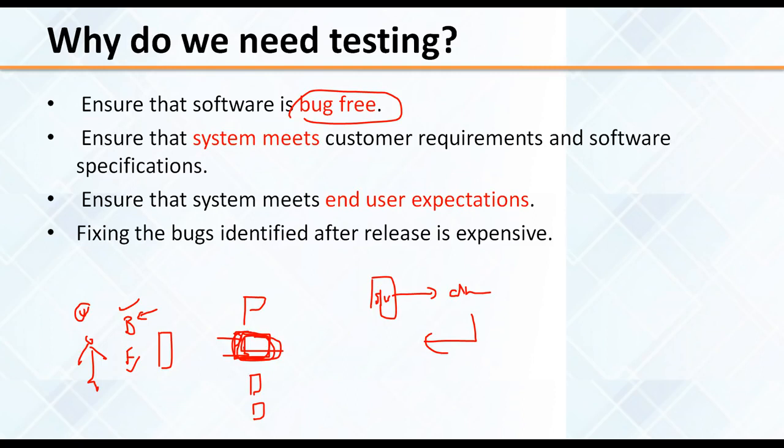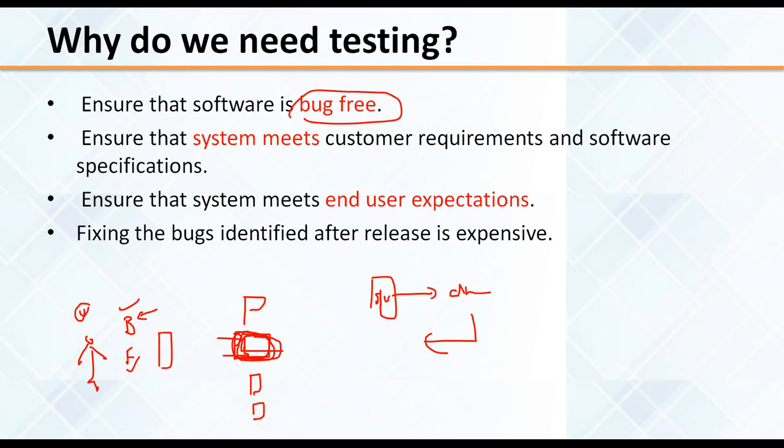Whatever the customer has asked and expected, those features should be part of the software. That is the meaning of the system meeting customer requirements and software specification. Requirements are usually given by the customer, so whatever he is expecting should be part of the application.